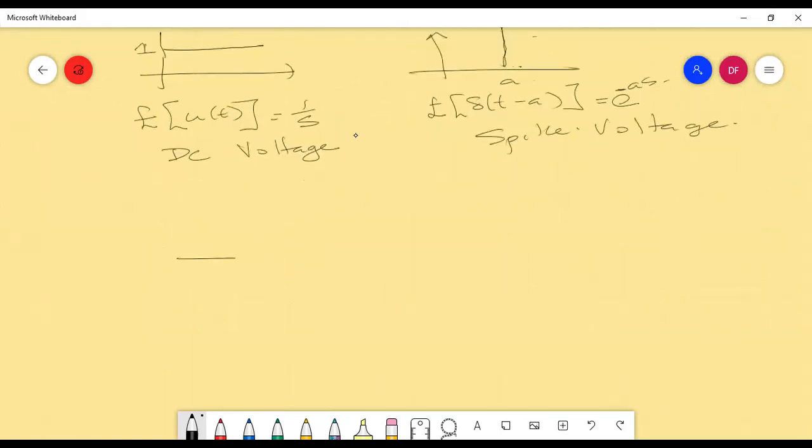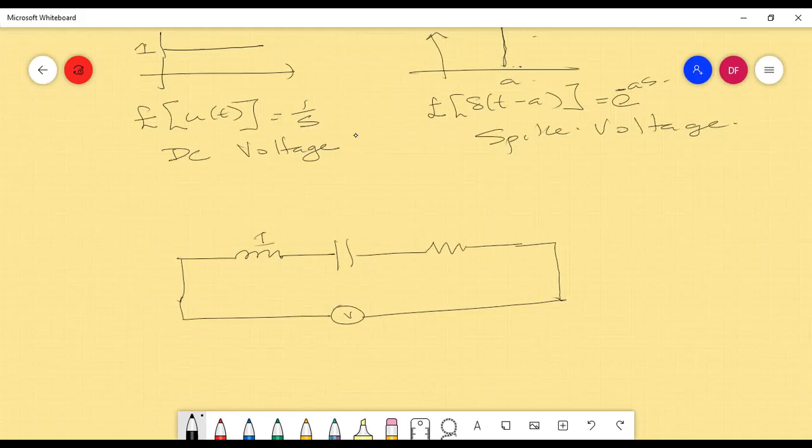For example now, the voltage is 5 delta of t minus 3.